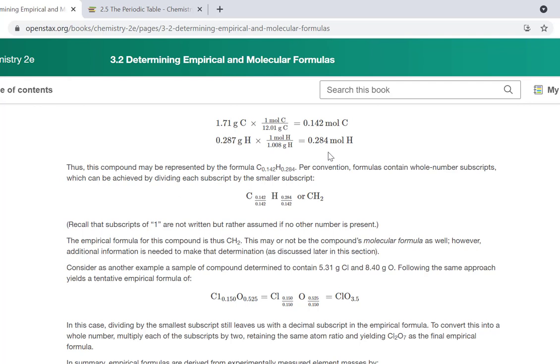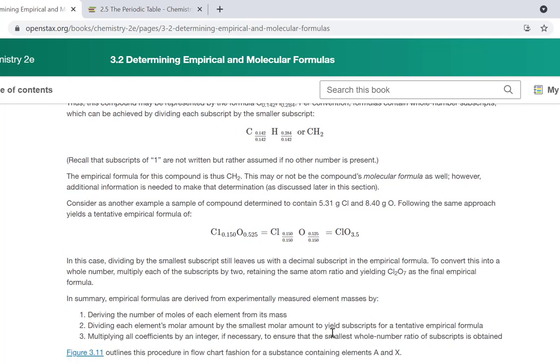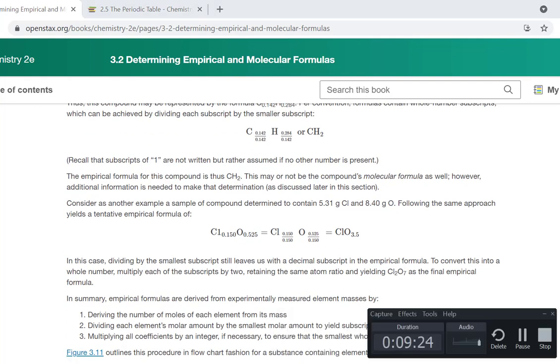In that case, you might end up with something like a 1.99 instead of a 2. We know that is actually supposed to be a 2, so we would round that up and call it a 2. So just be aware when you are doing these calculations, if it doesn't come out exactly to a whole number, you can often round if it's very close. If it's not very close, that's what we'll be discussing next, is how we would go about making that kind of a calculation.